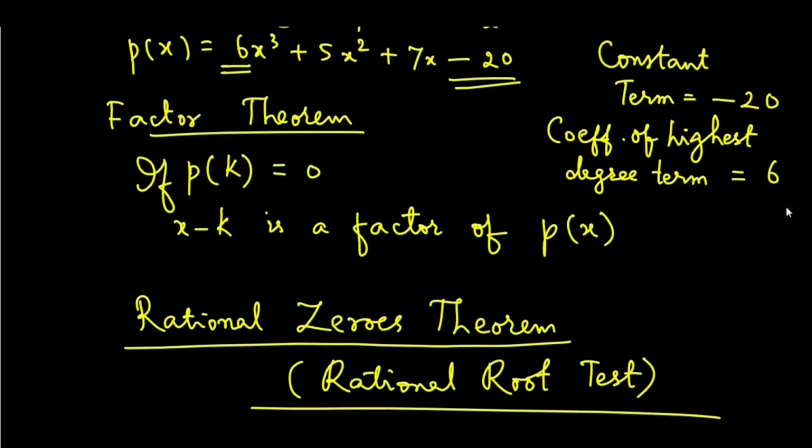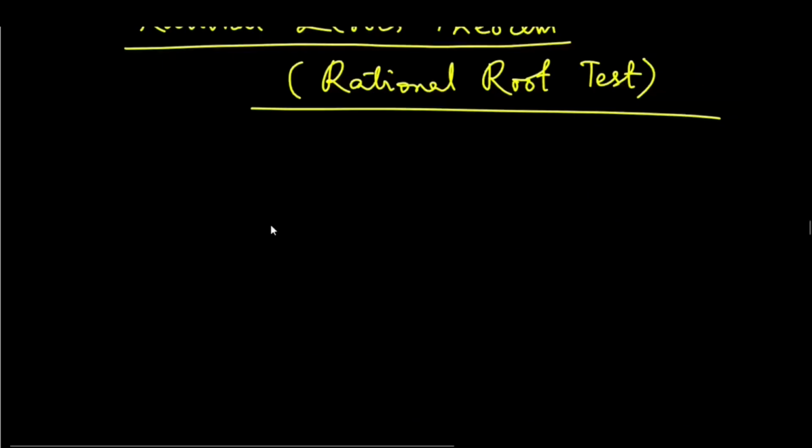We have to find all possible values of factors of minus 20 and all possible values of factors of 6. We can take minus 20 or say 20.